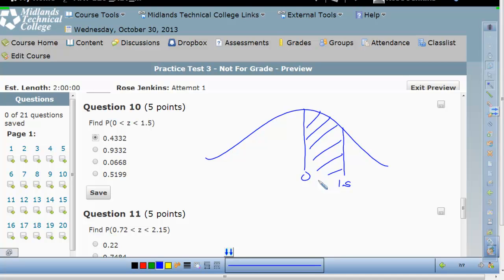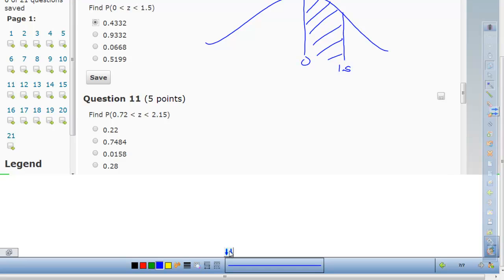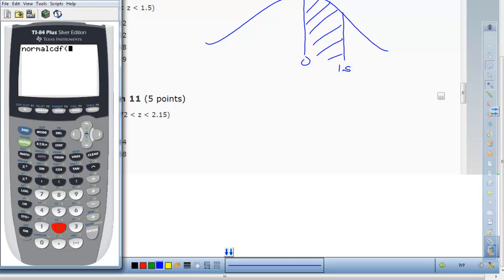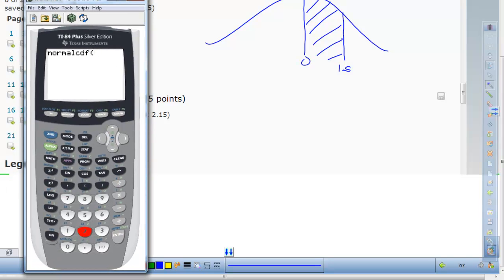We've got the probability that 0.72 is less than z is less than 2.15. So on my calculator, I could look at number 2. Okay, what was the first number? 0.72 and 2.15.